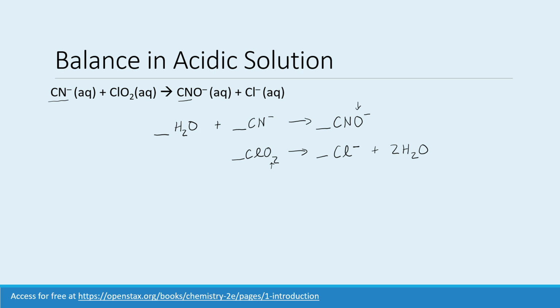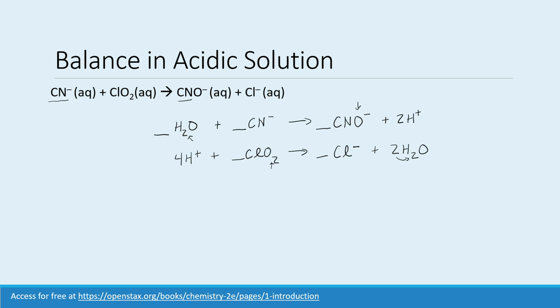So on the reactant side, on our first reaction, we've got 2 hydrogens, and so we need to add a 2H plus on the product side. And then for our second reaction, we've got 2 water molecules, so that's a total of 4 hydrogen ions that we'll add to the reactant side.